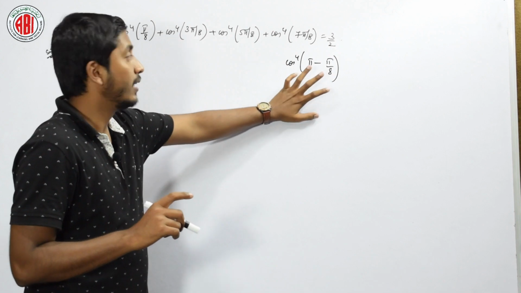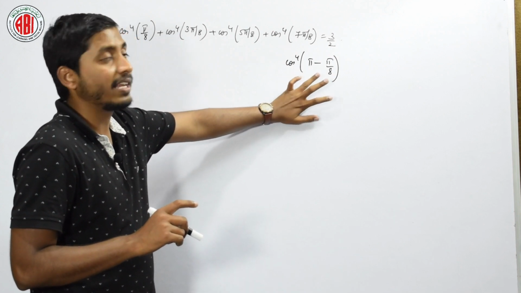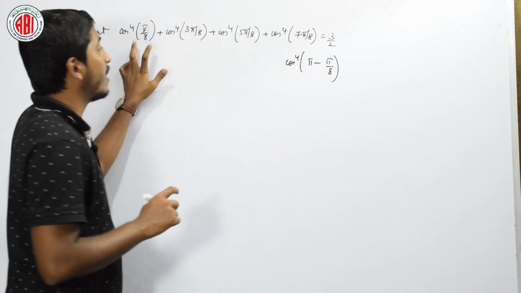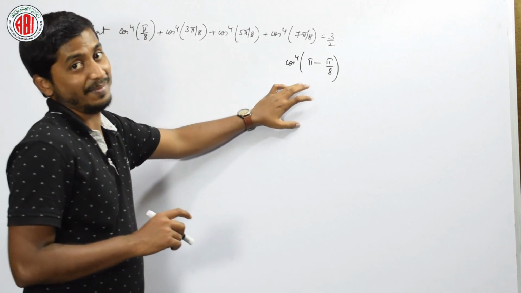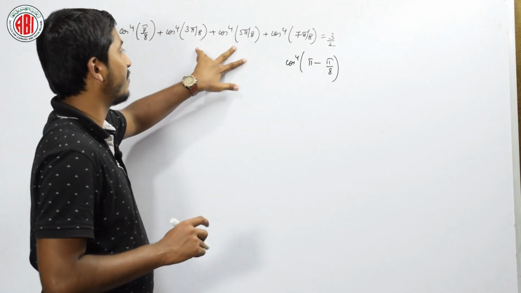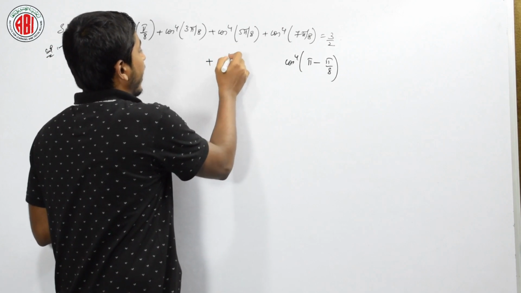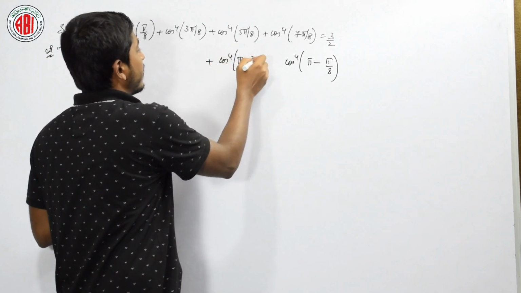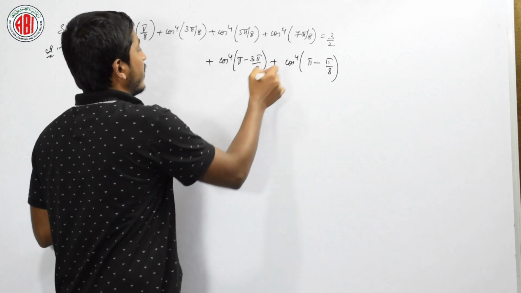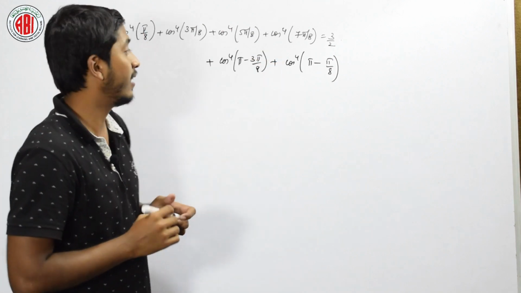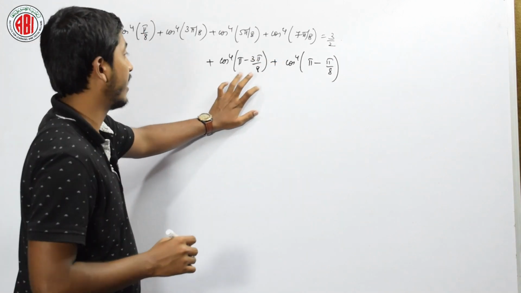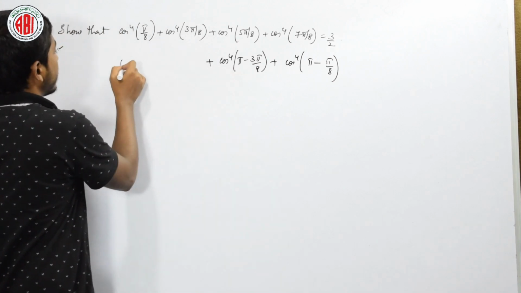Is it clear? Then cos of pi minus pi by 8 will be cos pi by 8, and that will be similar. Now can I write the same thing for this? Can I write 5 pi by 8 as pi minus 3 pi by 8? Yes, we can write it. The two terms will be the same.